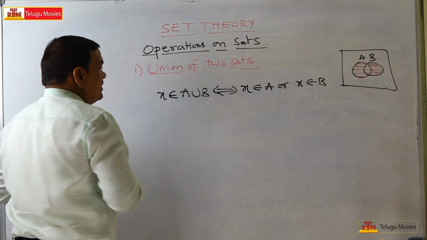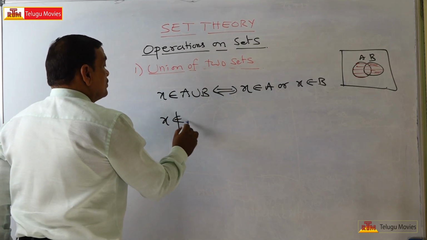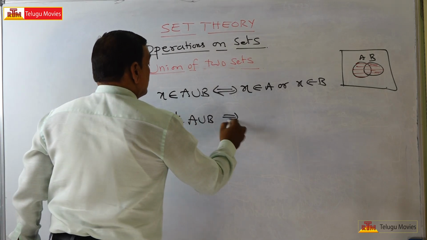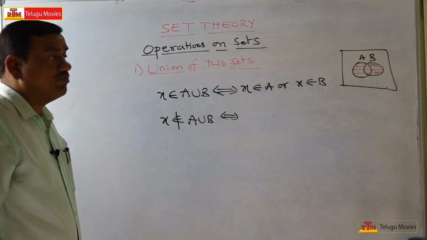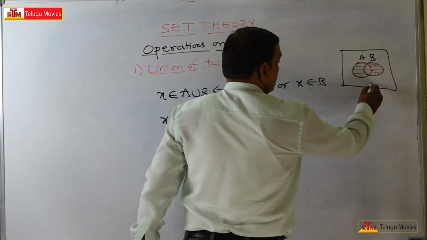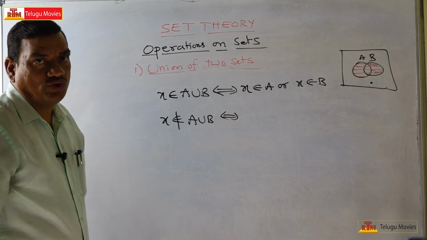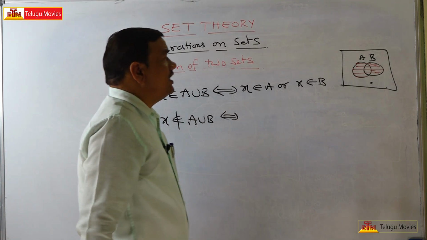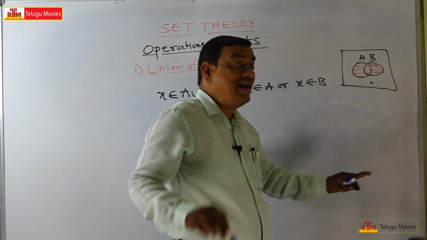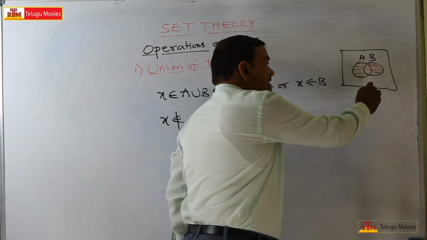Here the question is, if it does not belong to A union B, what happens? It should be out of the two sets, outside the union set. That means definitely it should not belong to A and it should not belong to B. Your element is here.